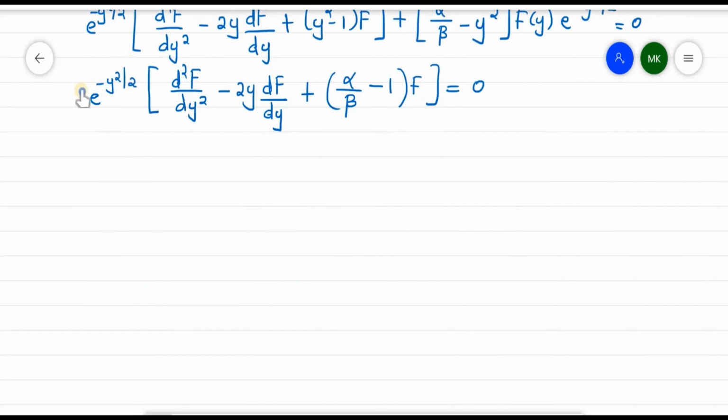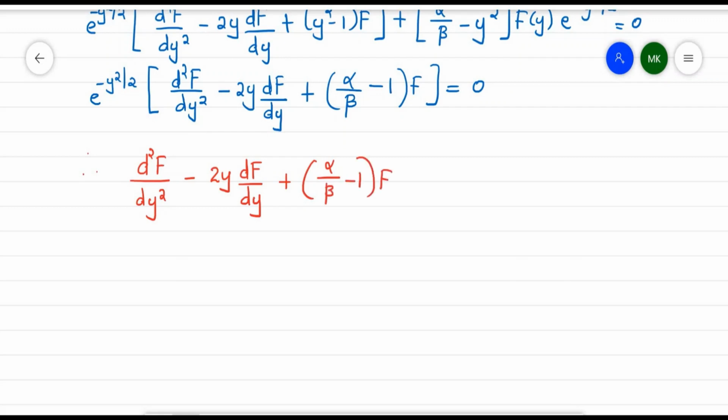Here the exponential factor cannot be 0. It should always be positive. Therefore, d square f by dy square minus 2y df by dy plus alpha by beta minus 1 into f equals 0. Equation 8.